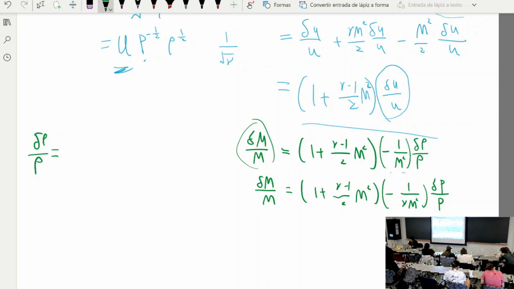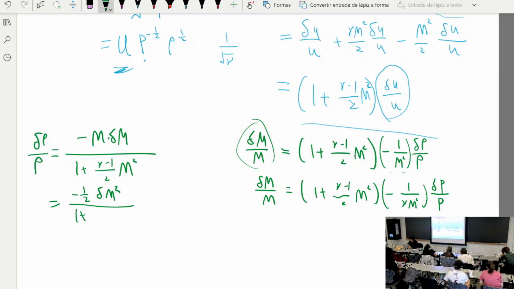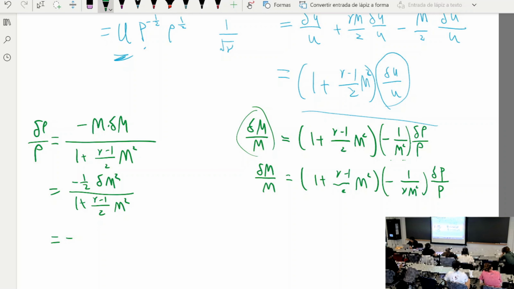So here, instead of delta M over M, I have actually minus M times delta M, and underneath, I have 1 plus (gamma minus 1) over 2 M squared. Right? Okay. And if I follow the math here, minus M times delta M is actually minus half of delta M squared, and I have 1 plus (gamma minus 1) over 2 M squared. Right? Okay.